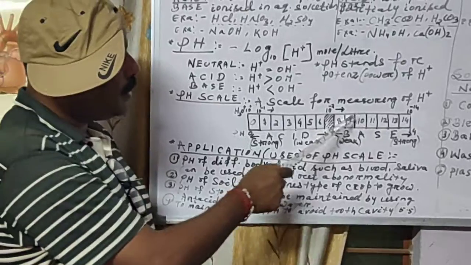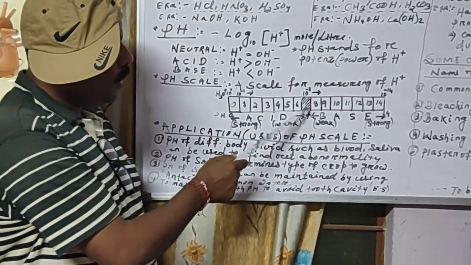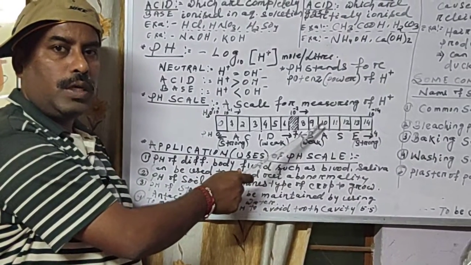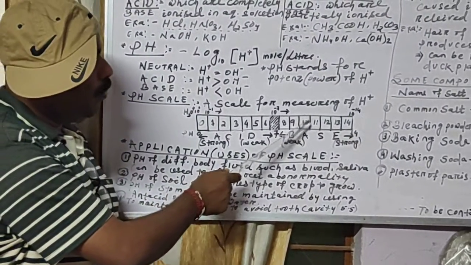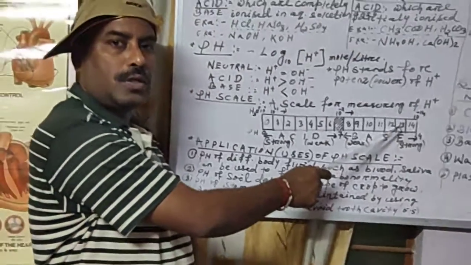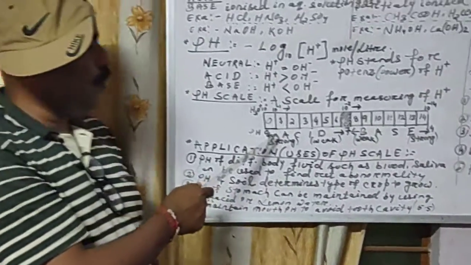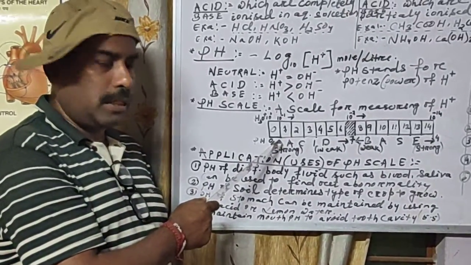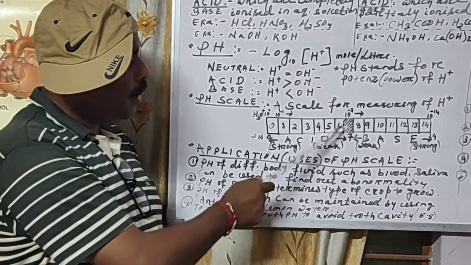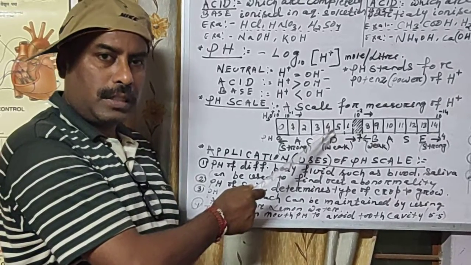Again, in the base, there is strong base and weak base. The values very close to neutral, like 8, 9, 10, are known as weak base. And the extreme values, that is 14, 13, 12, are called strong base. Similarly, acid is divided into weak acid and strong acid. The acid whose pH is near the neutral, like 6, 5, 4, is called weak acid.